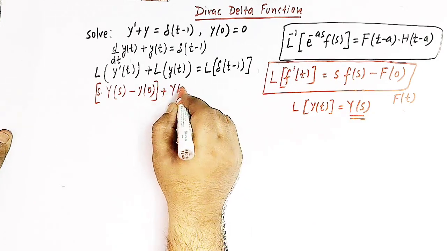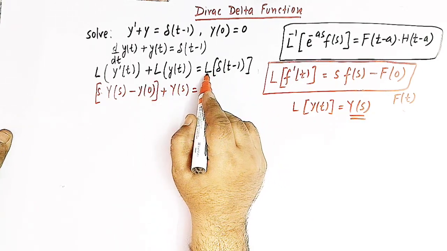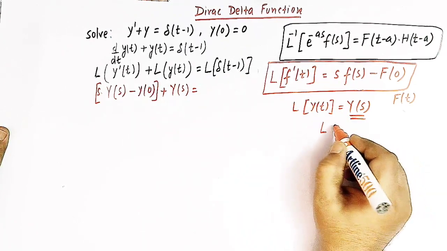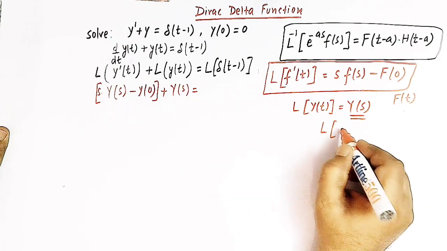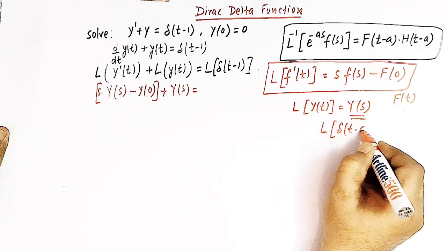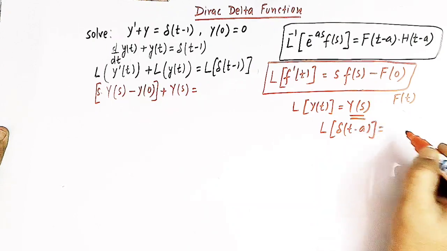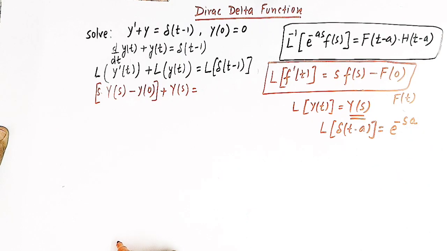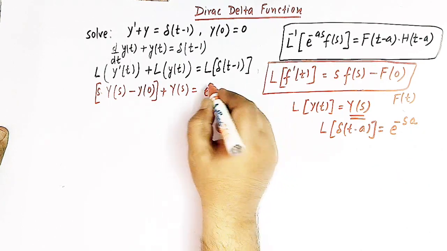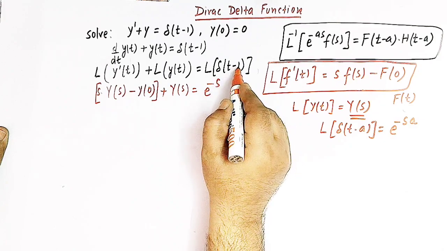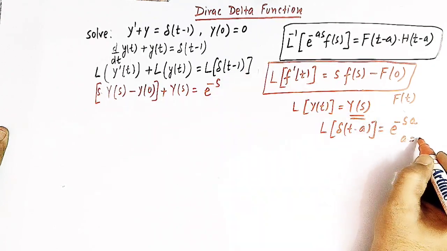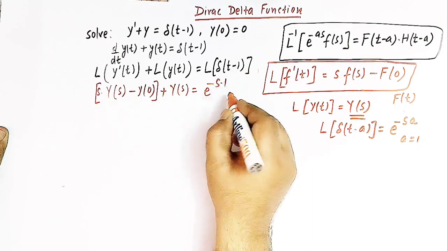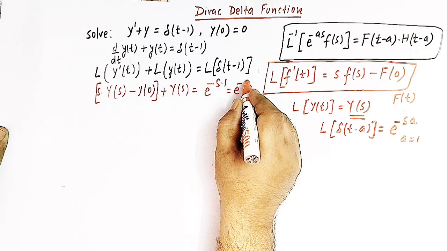Here we have the Laplace transform of the delta function, and we know that the Laplace transform of delta of t minus a is given by e raised to minus s times a. For a we take the value 1, so we have e raised to minus s.